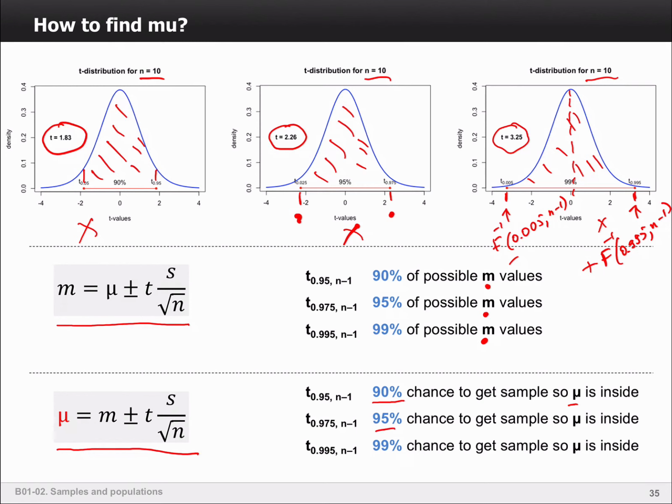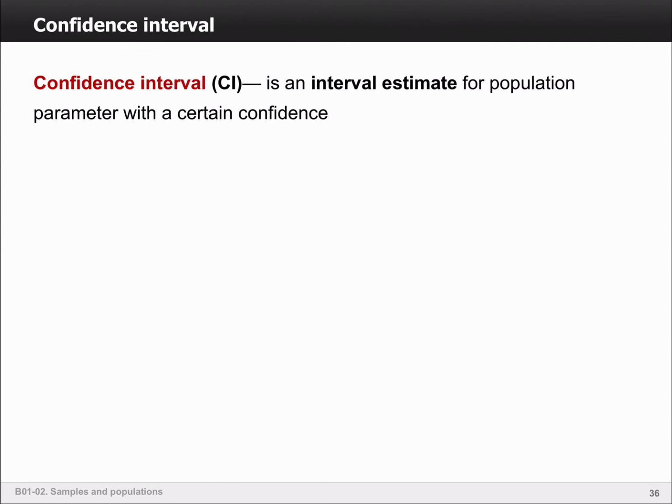Then you have a 95% chance and a 99% chance. So that's the meaning of the confidence interval. You construct a confidence interval around the statistic of your sample, because you don't know the parameter of the population, and then you have a certain chance that this particular sample will have the true population parameter within this interval. Okay, so that's the idea of confidence intervals.